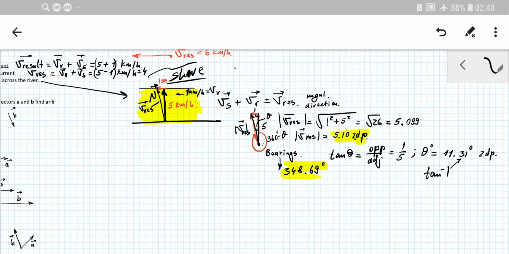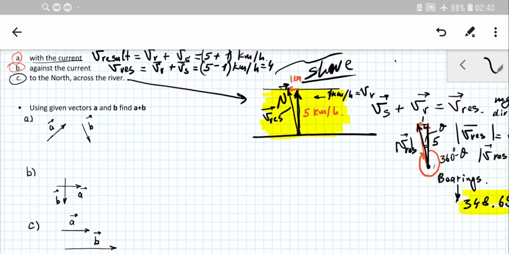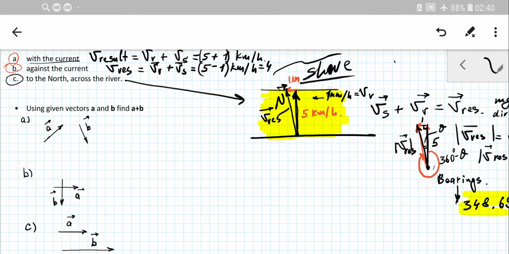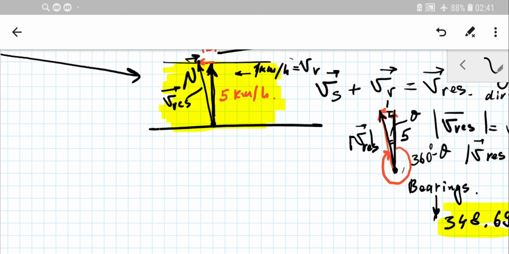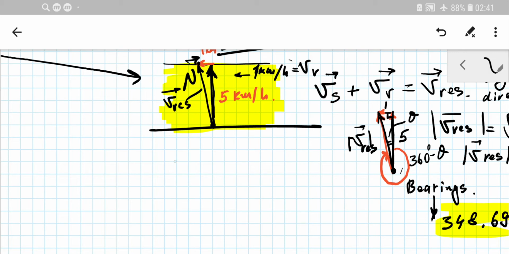But what if the actual direction is perpendicular to the shores? So actually the swimmer, due to river flow, goes to the north. So what actually happens? Look, what actually happens? So that's the first case.